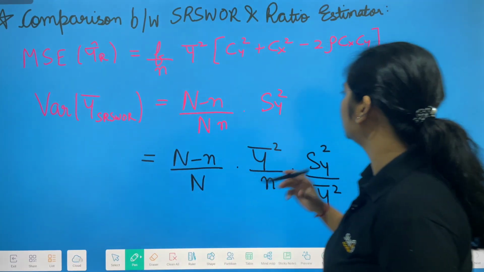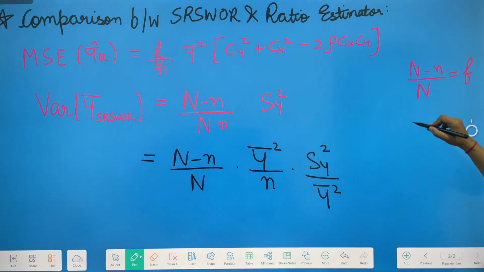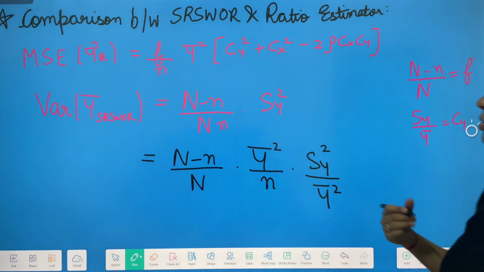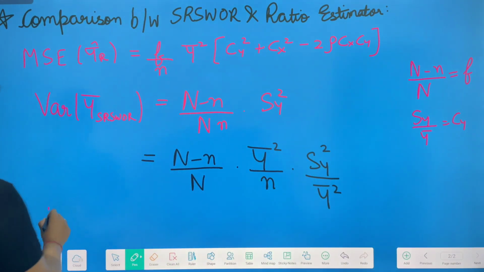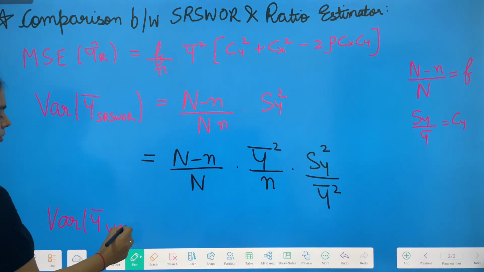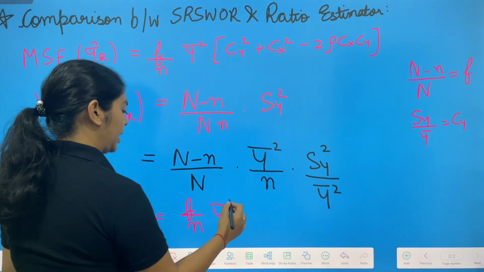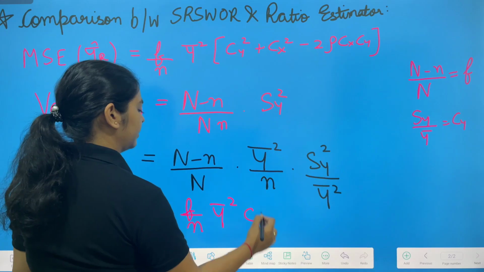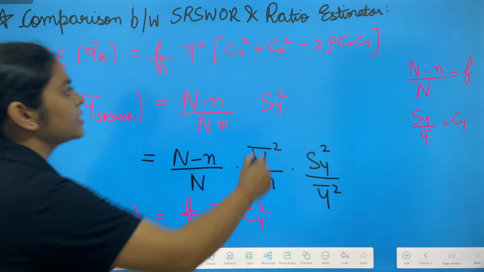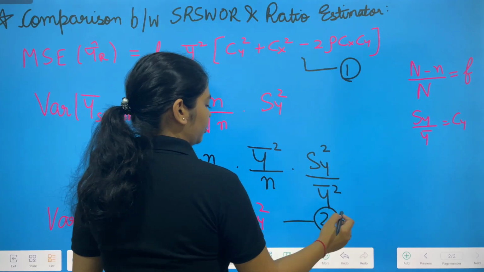Now from here we know that N minus n upon capital N is nothing but f, and Sy upon y bar is nothing but Cy. So substituting the values, we get the variance of y bar in simple random sampling without replacement as f upon n into y bar square into Cy square. So this is our equation number 1 and this is our equation number 2.